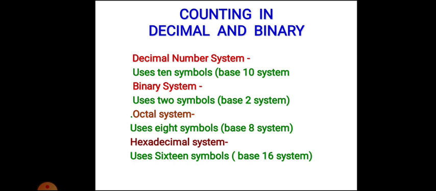We have to know the base or radix will be 10. Once again, decimal number system means the number system which uses 0 to 9, total 10 symbols, with the base or radix of 10. Okay, it is called decimal number system.